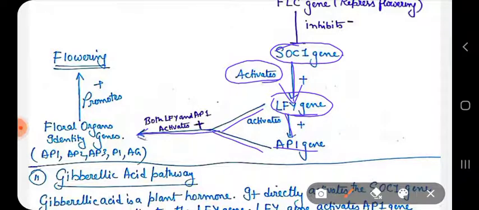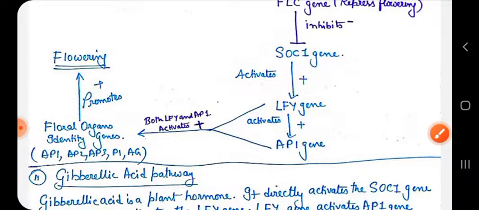So both the leafy gene and the apitela 1 gene activate the other floral organ identity genes, which are apitela 2, apitela 3, pistillata, and agamous. Finally, these floral organ identity genes promote flowering. I hope you have understood what I have tried to say.